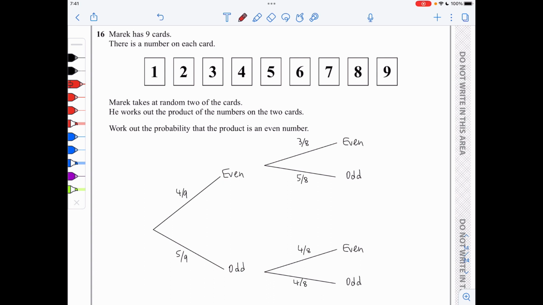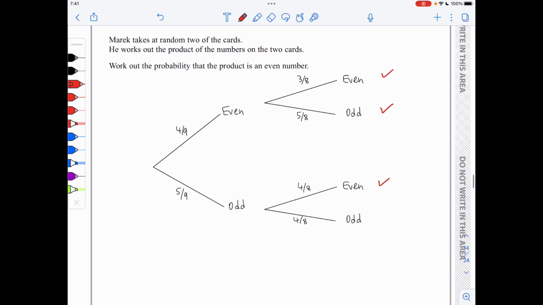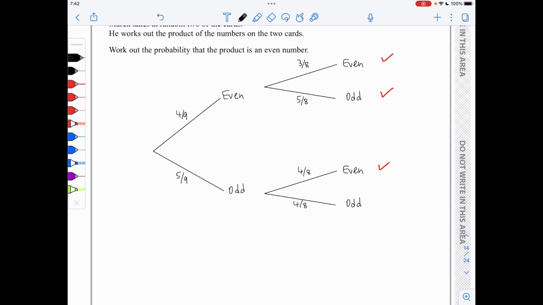We want to end up with an even product, so it's going to be even times even, or even times odd, or odd times even. So the probability required would be 4 over 9 times 3 over 8 plus 4 over 9 times 5 over 8 plus 5 over 9 times 4 over 8. This gives an answer of 13 out of 18.